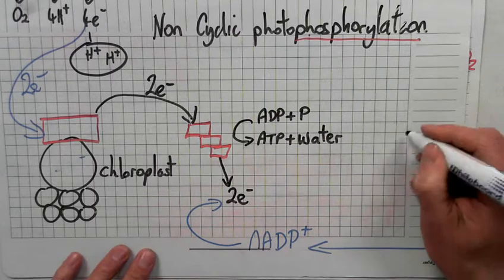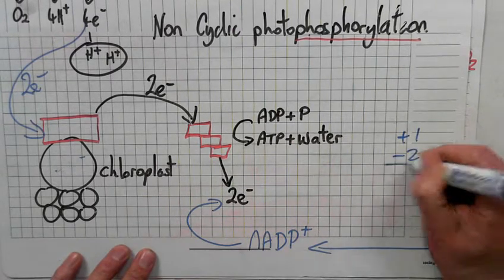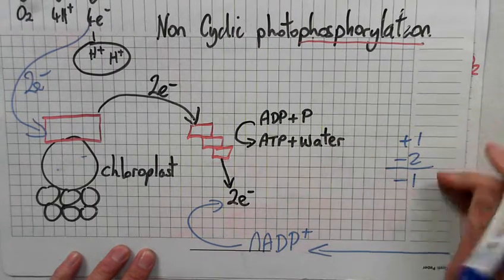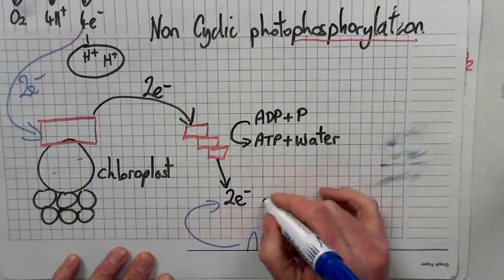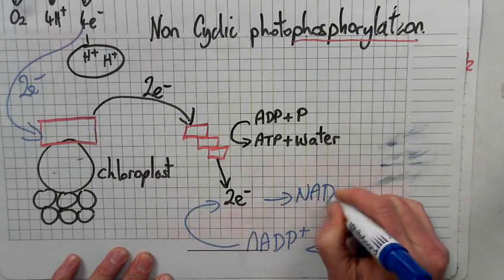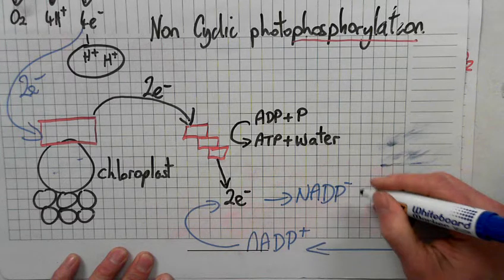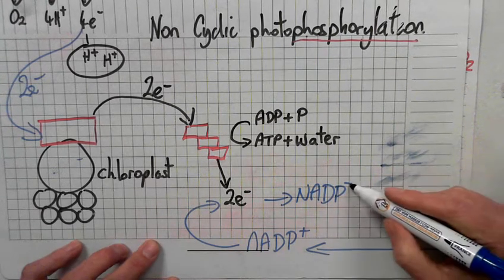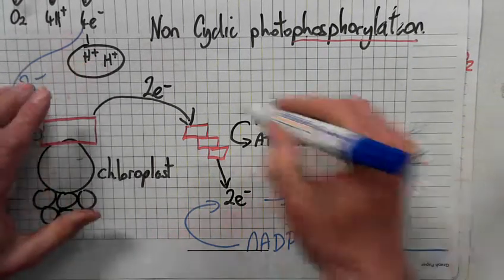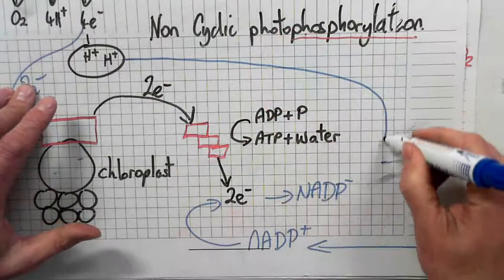What's plus 1 minus 2? Minus 1. So it becomes NADP minus. Right, the minus, it then picks up one of the hydrogens from the hydrogen pool.